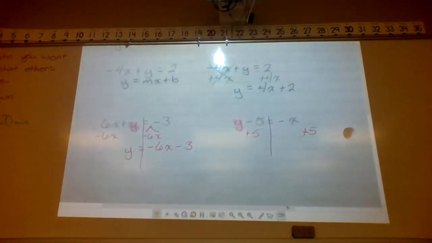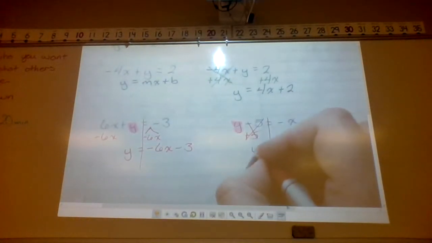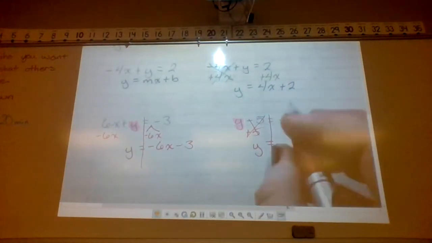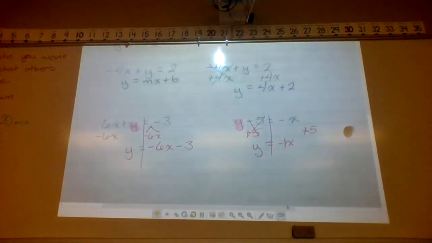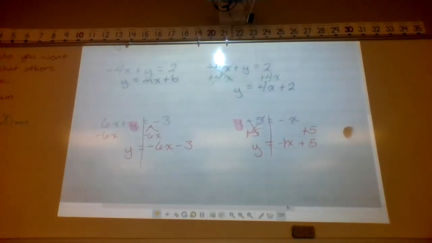But we're going to add 5. The constants always go to the end. y equals, did we touch that negative x? No. So you bring it down. It'd be negative 1x. Yes, you can make that negative 1x, plus 5. What is the slope? Negative 1. What is the y-intercept? 5.